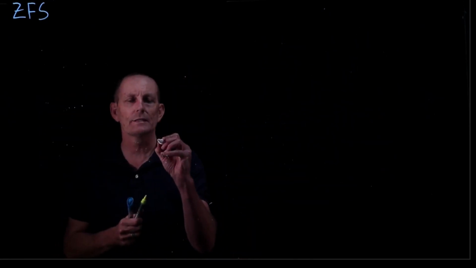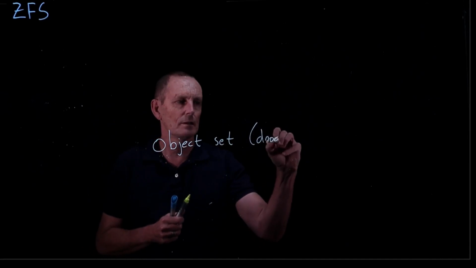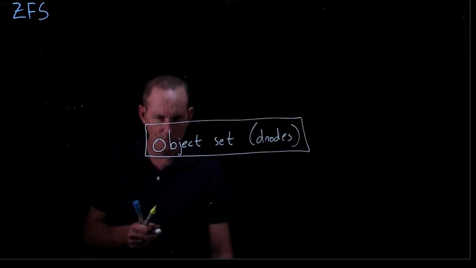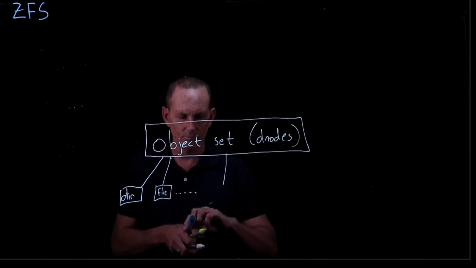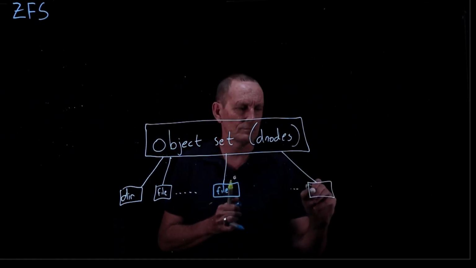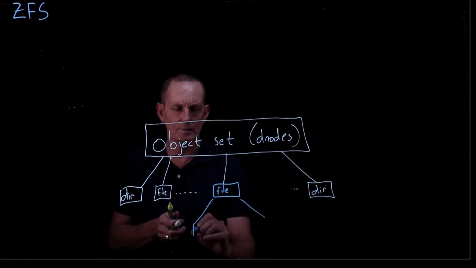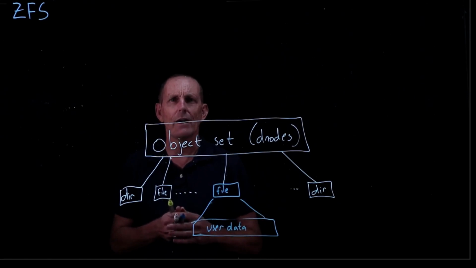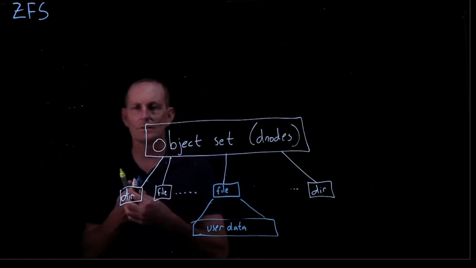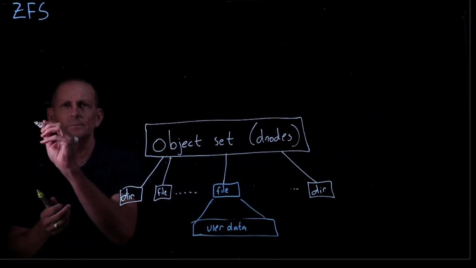So let's look at our object set, this is sort of the one layer.